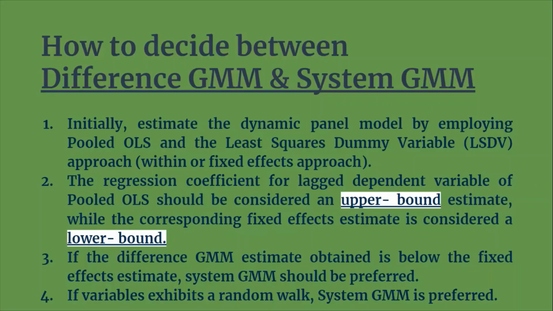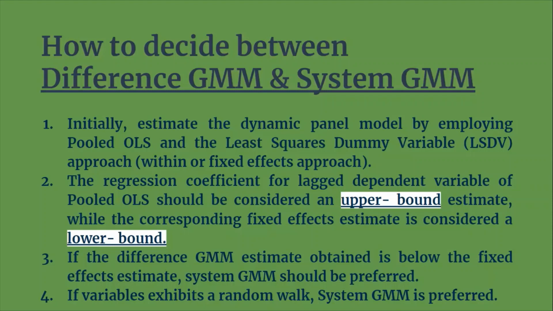Now the question is how to decide between difference GMM and system GMM. Bond in 2001 proposed a rule of thumb. First of all, you have to estimate the dynamic panel model by employing pooled OLS and the least squares dummy variable approach, that is the LSDV approach, which is the within or fixed effects approach.